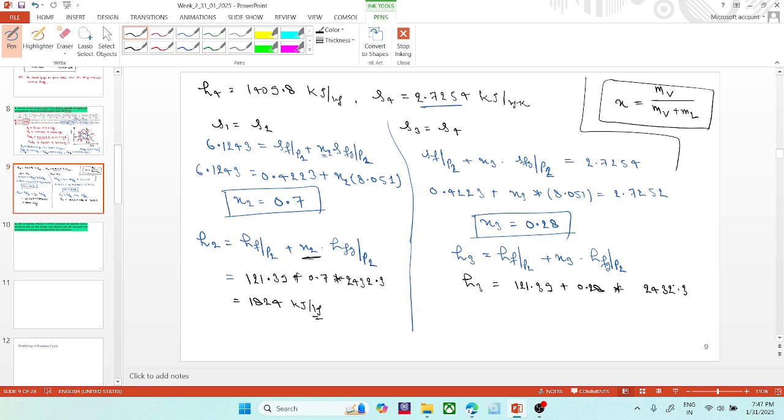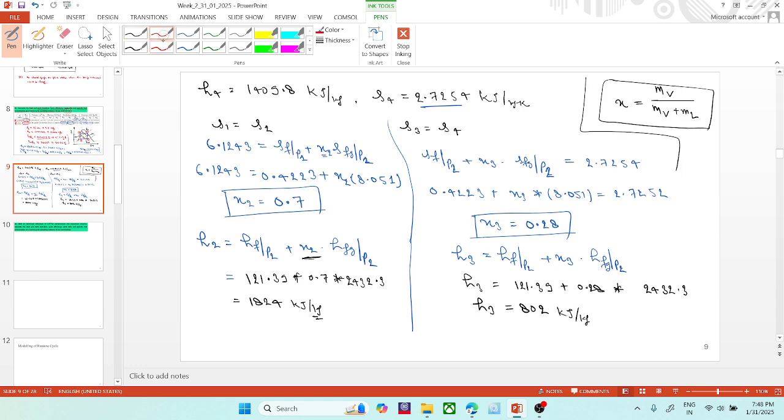So the value of S3 is coming around 802 kilojoule per kg.